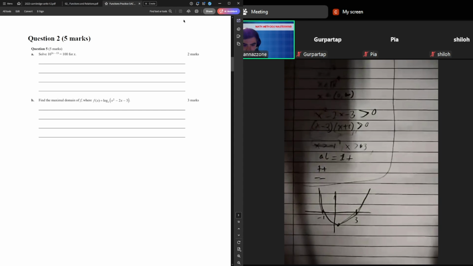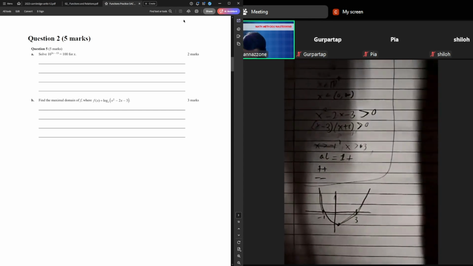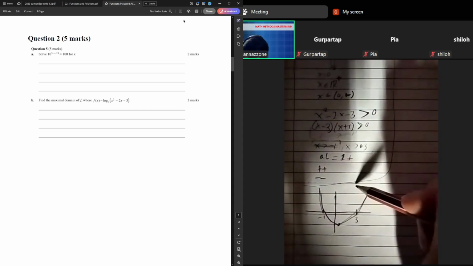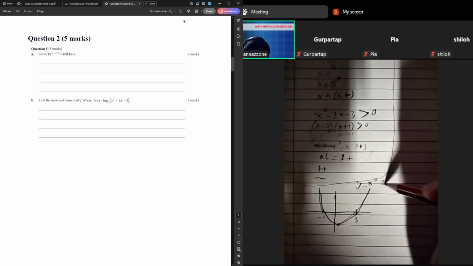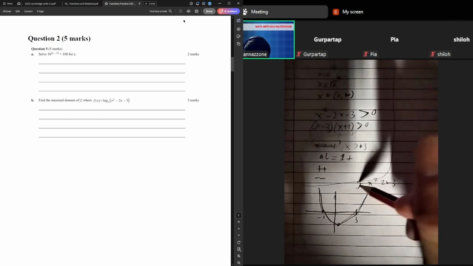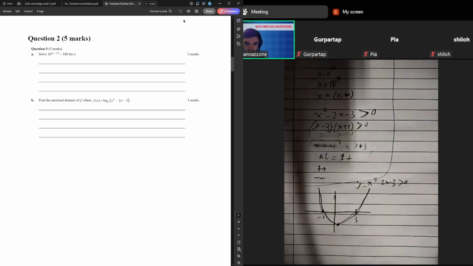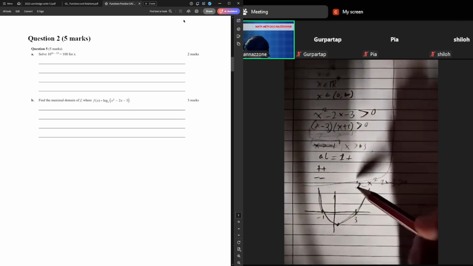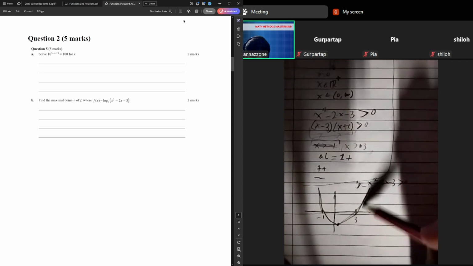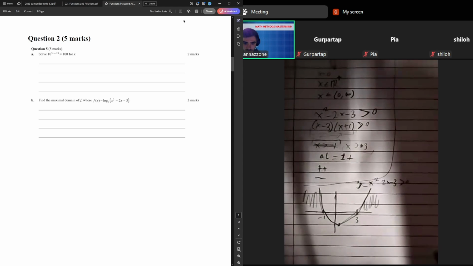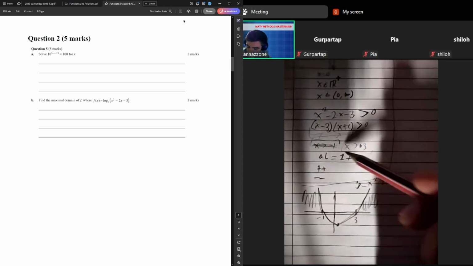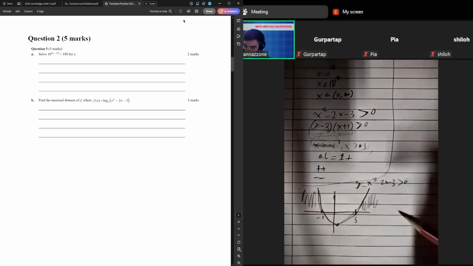Now, the advantage of having sketched this is that this thing we just sketched is y equals x squared minus 2x minus 3. Saying this is greater than 0 means we want all the y values to be greater than 0. So we care about all of this and all of this. So x greater than 3 was what you found in the beginning, which is good.